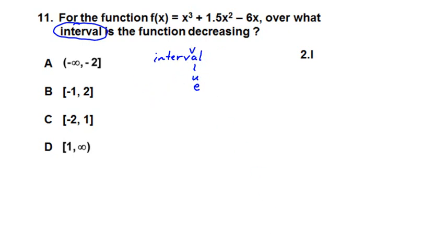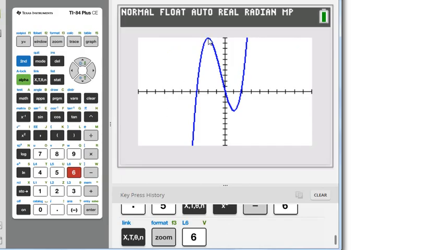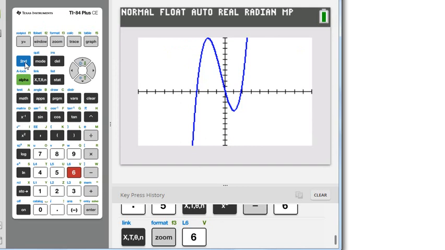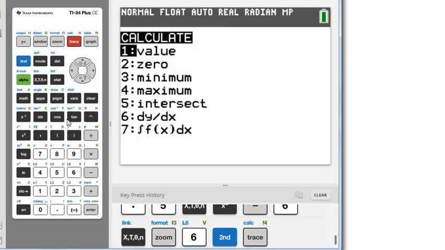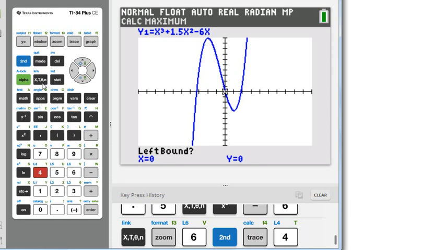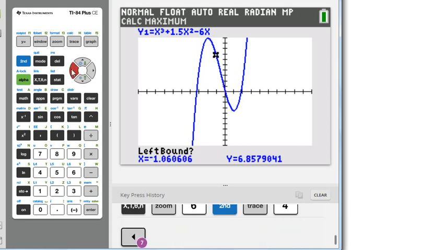So again, going back to our graph, let's go ahead and really zoom in on this. We're at second trace maximum. So we're going to come to the left of that maximum. It says left bound, press enter. Then we'll scroll to the right, press enter twice.